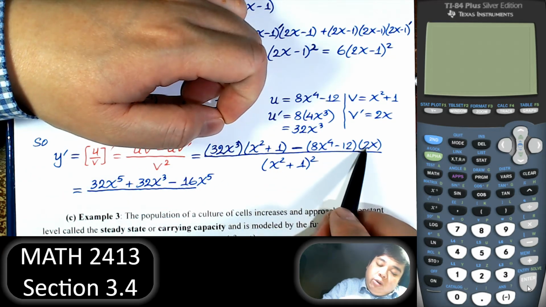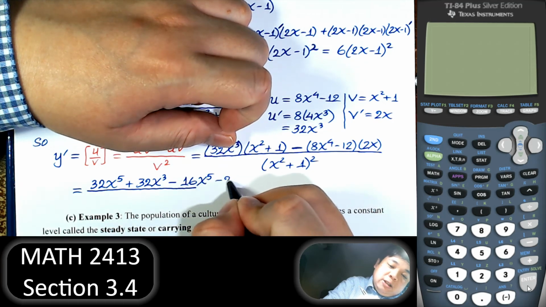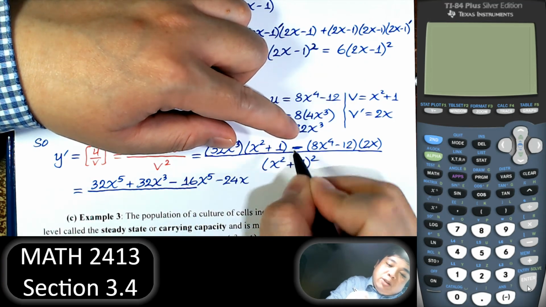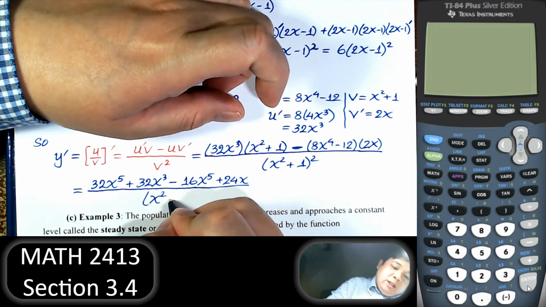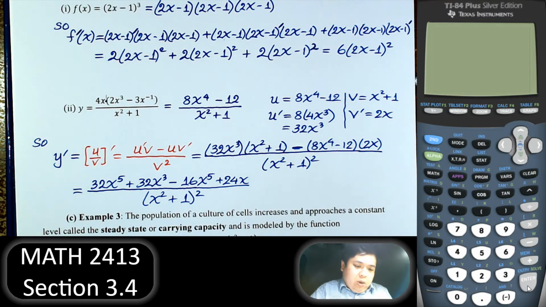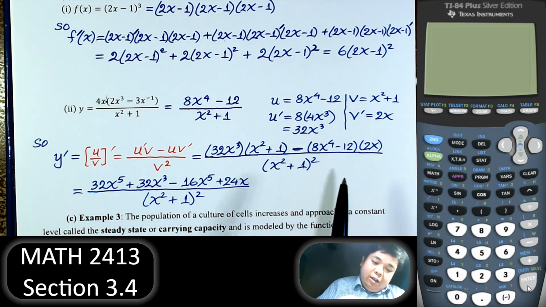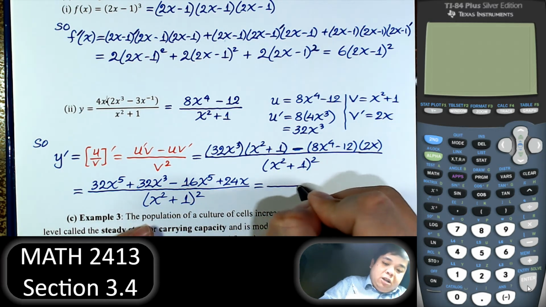And then negative 12 and 2x, that's negative 24x. But with that negative sign, make it positive. The bottom squared. Right, so little x to the 5th, right. Combine like terms on the top.